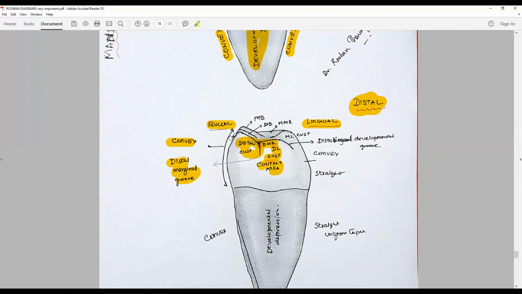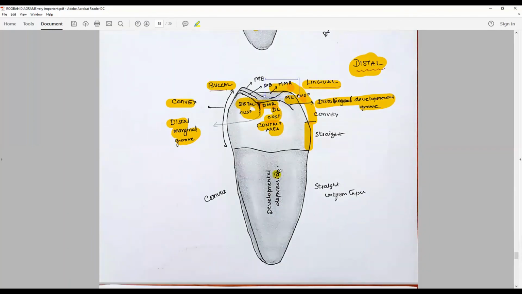The buccal outline is entirely convex, whereas the lingual outline till the middle is straight, after which it is convex. We find the prominent distolingual developmental groove. We find all the cusps and the prominent mesial marginal ridge, because the distal marginal ridge is placed a little lower than the mesial marginal ridge.